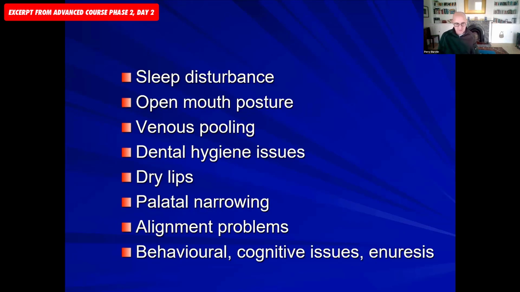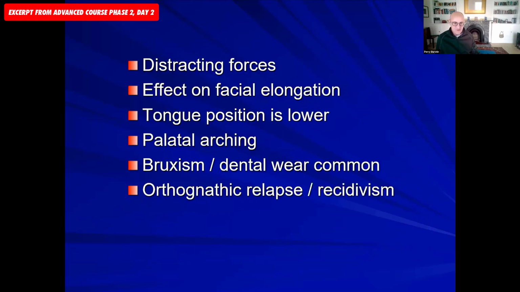So they've often got dry lips, they've got palatal narrowing, they've got alignment issues, and we all know about the behavioural and the cognitive issues. And something that's very poorly understood is why kids also get enuresis, and which often is solved by airway surgery.